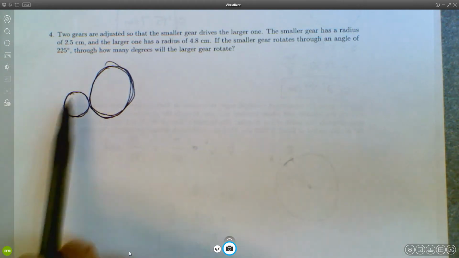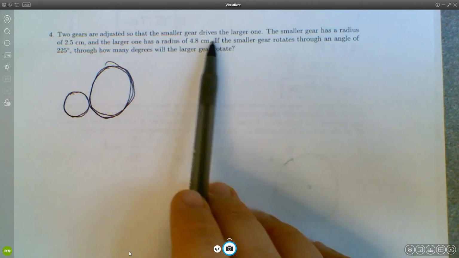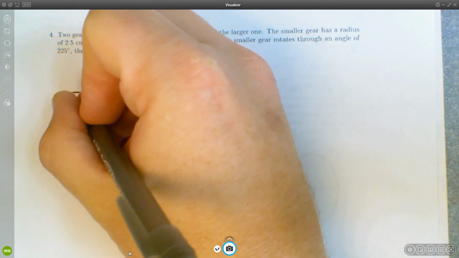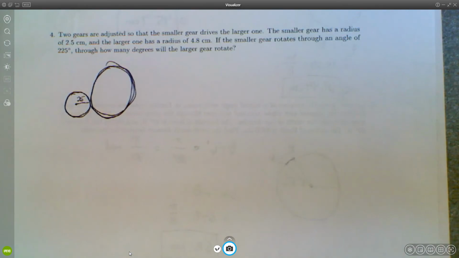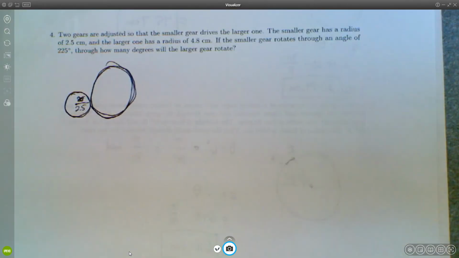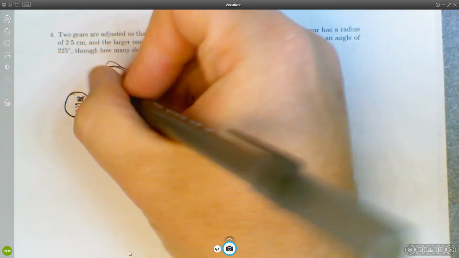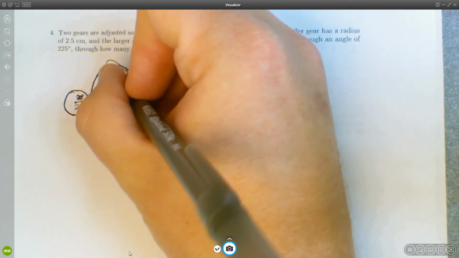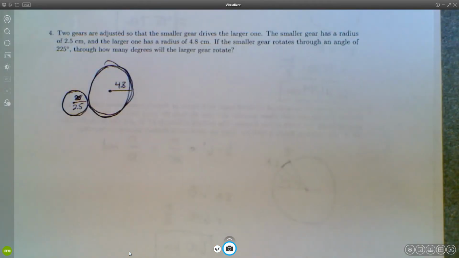Now the small gear is going to drive the larger one. The small gear has a radius of 2.5 centimeters. The larger one has a radius of 4.8 centimeters. The smaller gear rotates through an angle of 225 degrees.